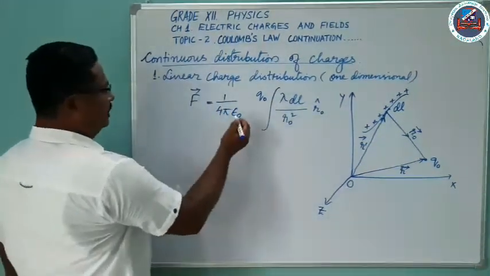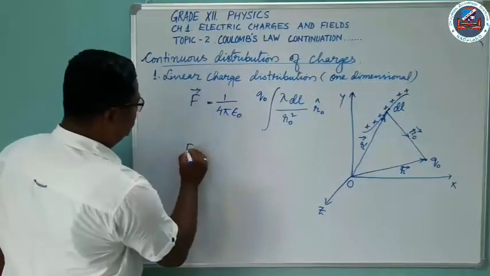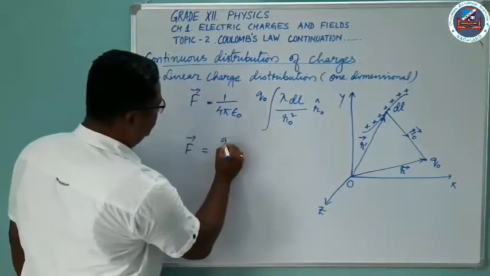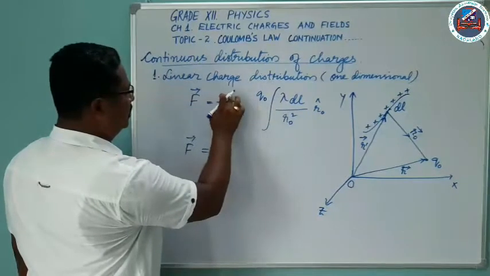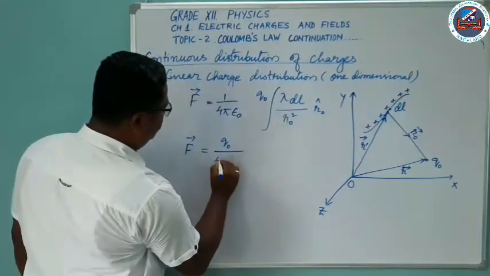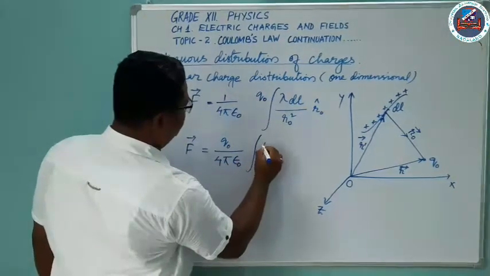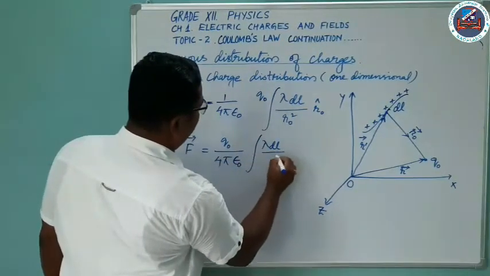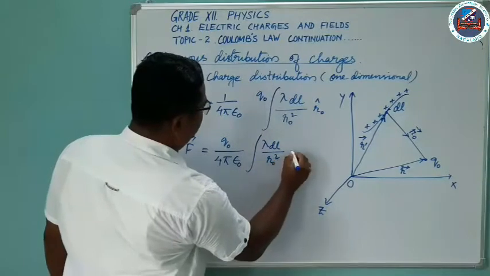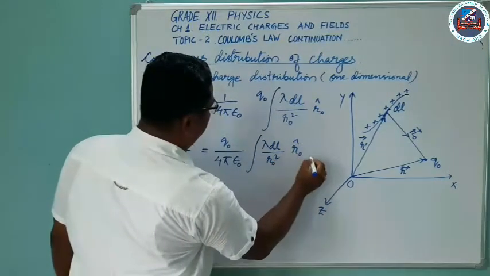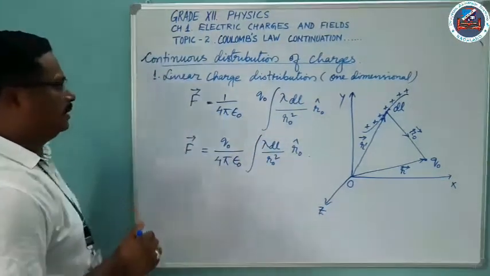Or more nicely, force F is equal to Q0 divided by 4 pi epsilon naught, integration of lambda dl divided by r naught square, r naught cap. This is the force experienced by Q0.